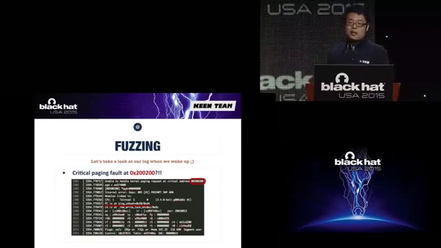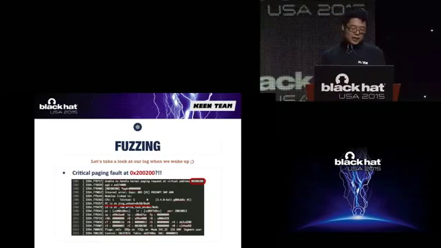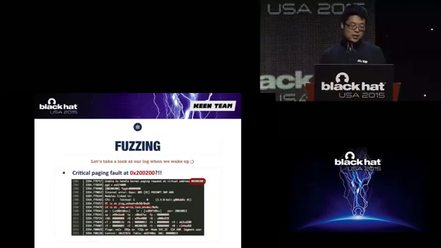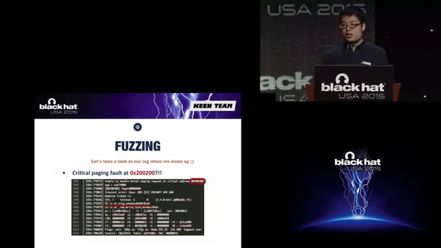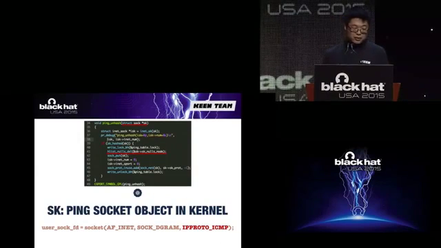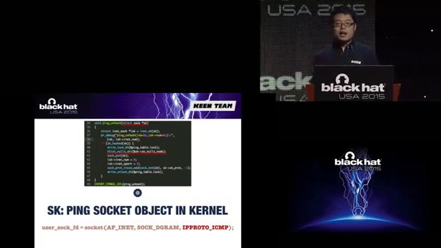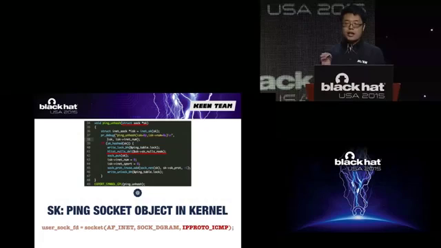Amongst these crash logs, I found an interesting one. The kernel has a critical page fault at 200. That's weird, and you can see that the PC is in the function ping_unhash. Let's have a deeper look. You can see that the function ping_unhash takes sk as an argument, and this argument is of the type struct sock.